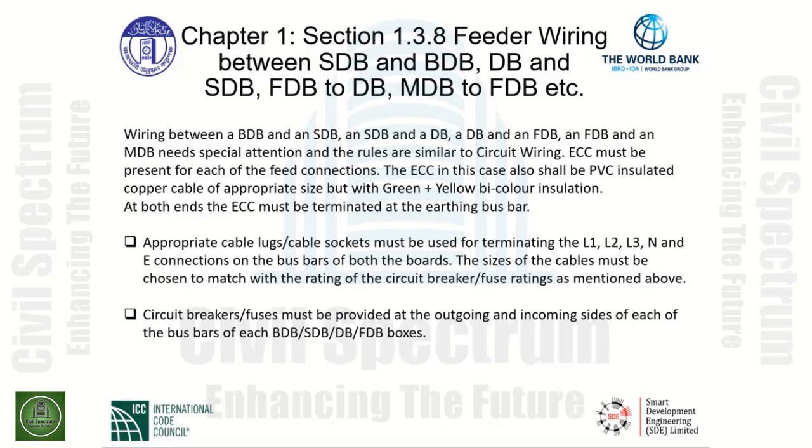The sizes of the cables must be chosen to match with the rating of the circuit breaker, fuse ratings, as mentioned above. Circuit breakers or fuses must be provided at the outgoing and incoming sides of each of the bus bars of each BDB, SDB, DB, FDB boxes.